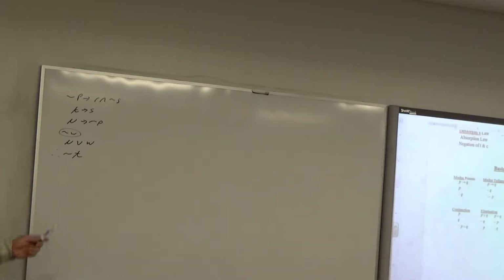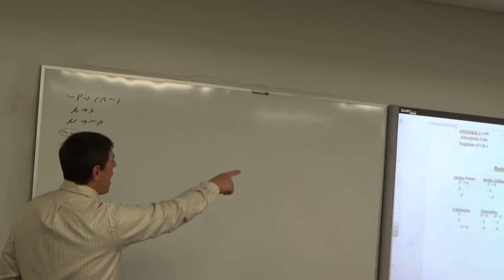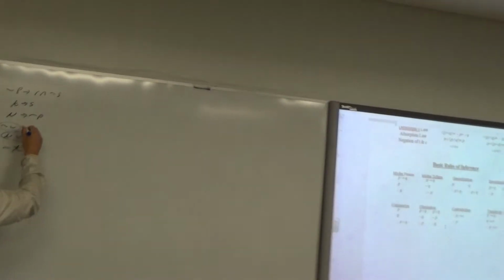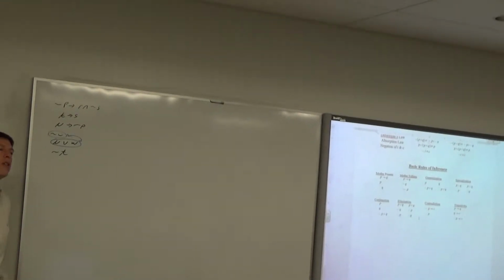And then it looks like the only other thing that has one statement is U or W. So let's see if we can build one of those 8 basic rules of inference using these 2 statements. Does somebody think they might be able to put together a statement and come up with a conclusion from that argument form? Go ahead, sir.